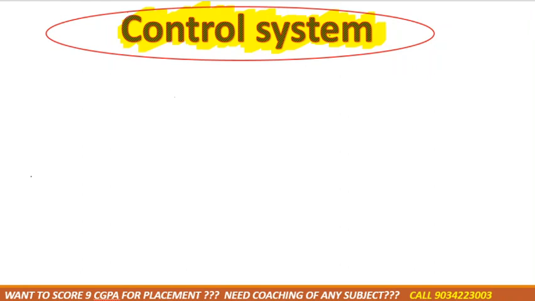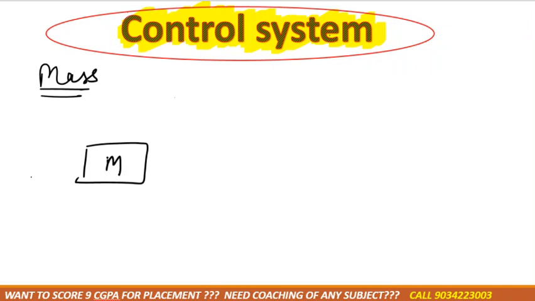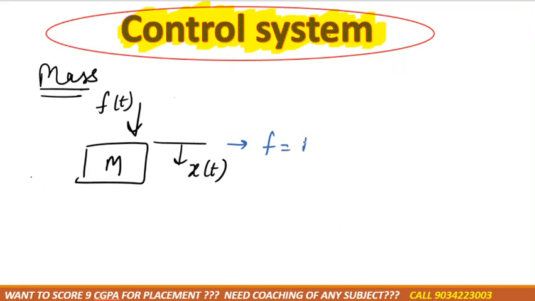Now, last one is for mass. Suppose we are having mass, if the force is in the downward position, then displacement is also in the downward position, then it would be F is equal to m into d2x by dt square, right?